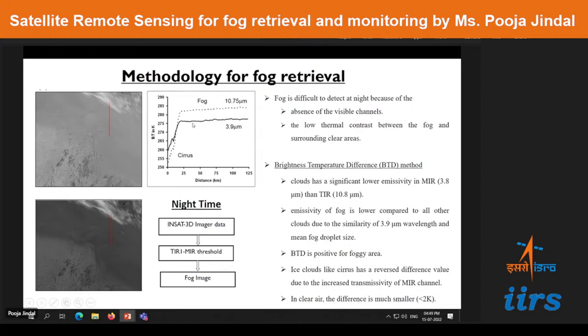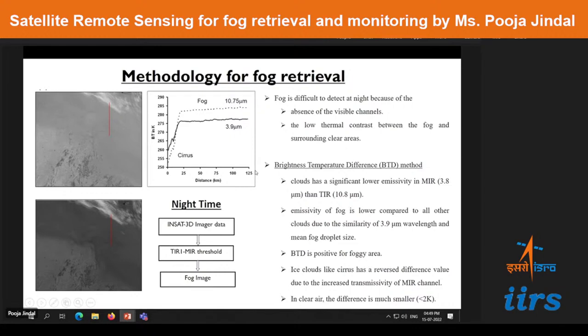Now let's discuss why this actually happens, why we have lower values at 3.9 and higher values at 10.8. This is because clouds, and fog is also a kind of cloud, have significantly lower emissivity in the mid-IR channel as compared to the thermal channel. Furthermore, the emissivity of fog is lower compared to all other clouds.